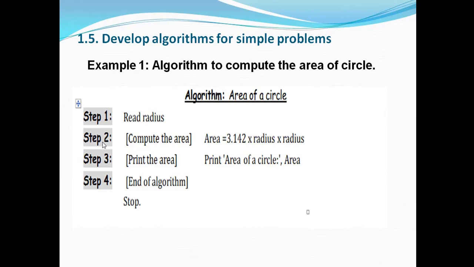The second step calculates the area of the circle using the radius value: 3.142 into the radius value, again the radius value. This will calculate the value, and the value is stored in area. Then in step 3 we are going to print the value. What are we printing?